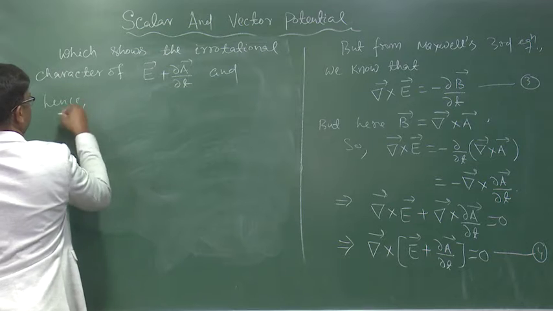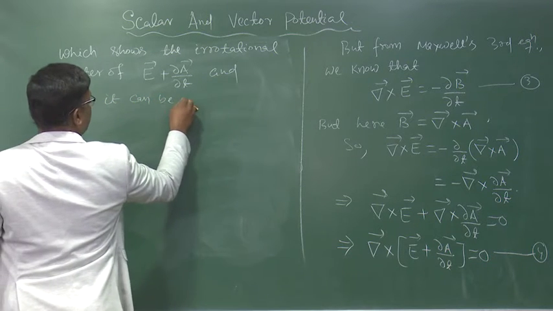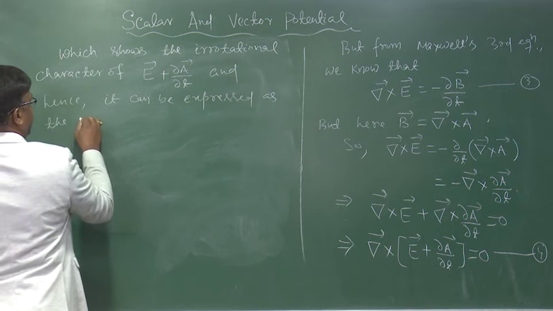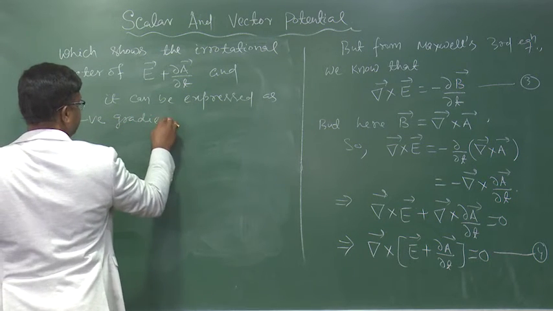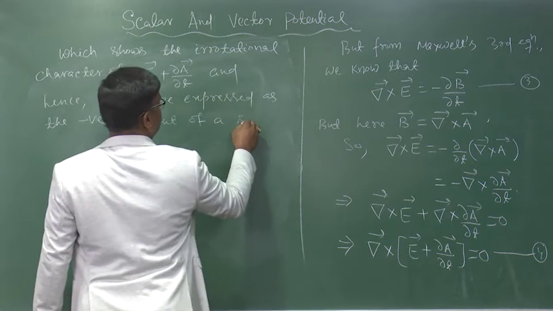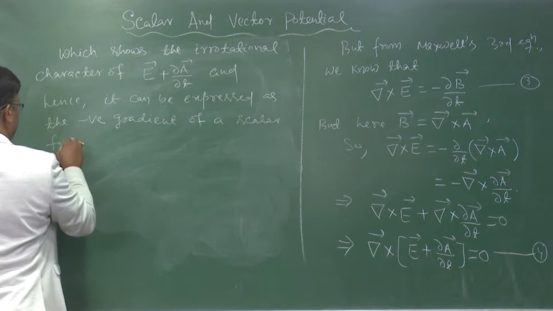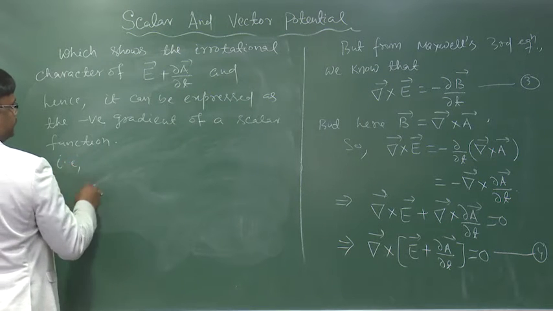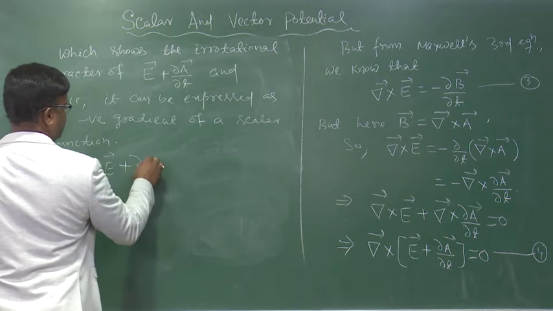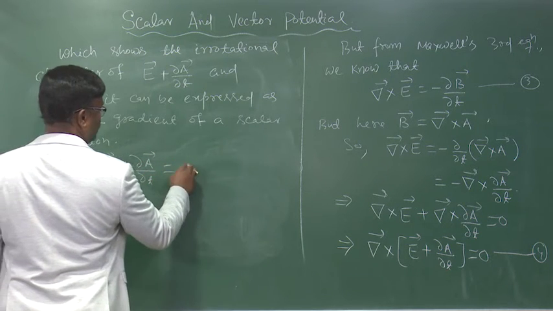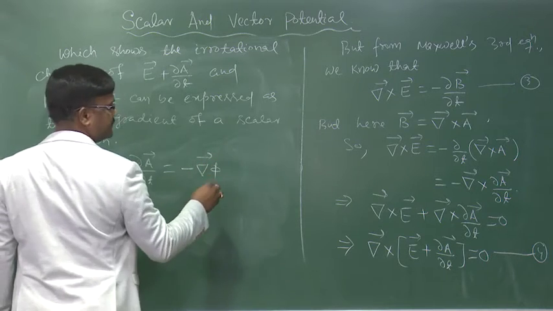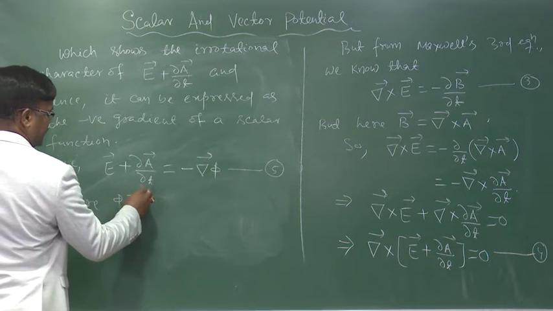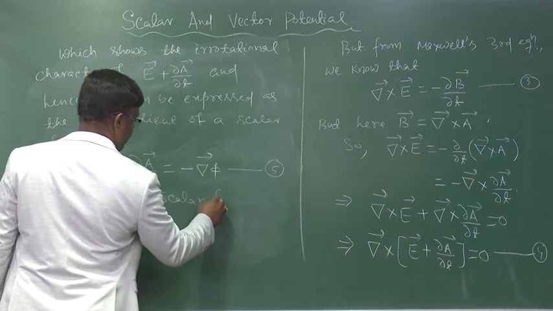Hence it can be expressed as the negative gradient of a scalar function, that is, E vector plus del A by del t equals minus grad phi, where phi is a scalar function.